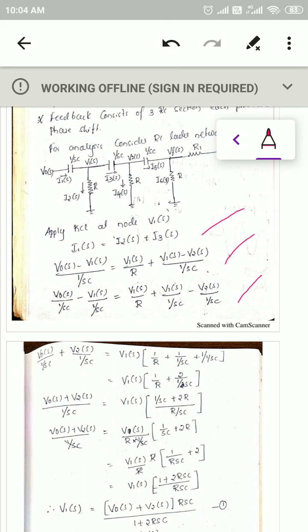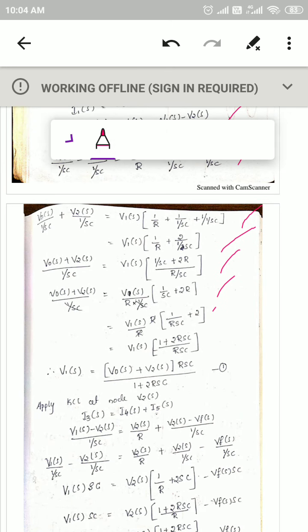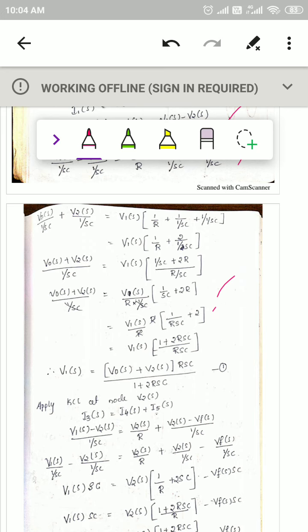One step of simplification, two steps of simplification, go on, and calculate the value of V1 of S. After simplification of the above expression, you will get V1 of S, and we call that equation number 1.